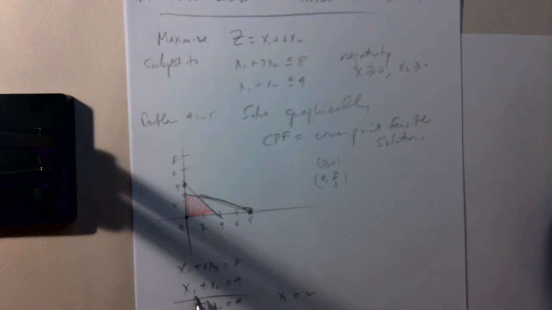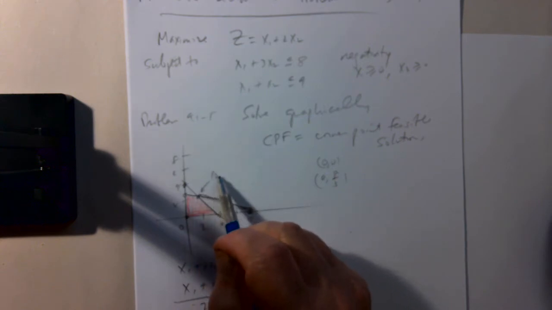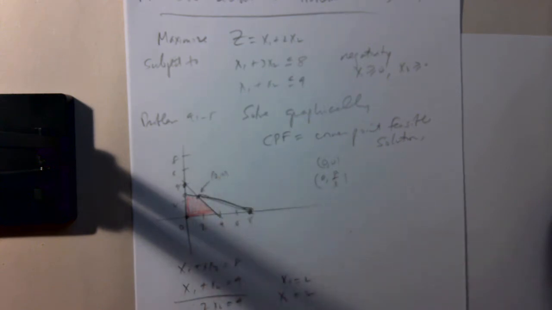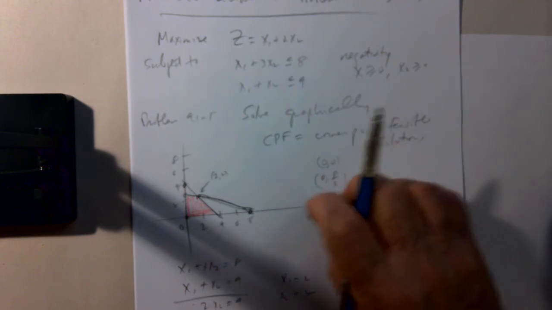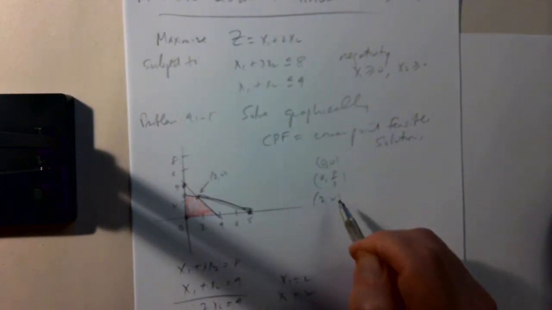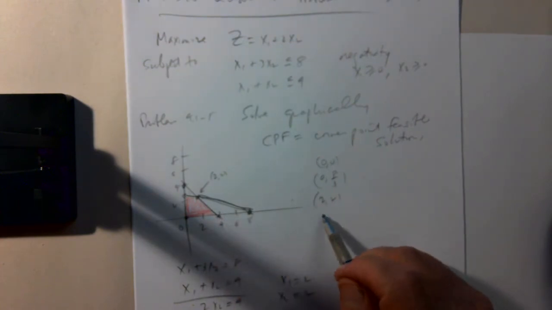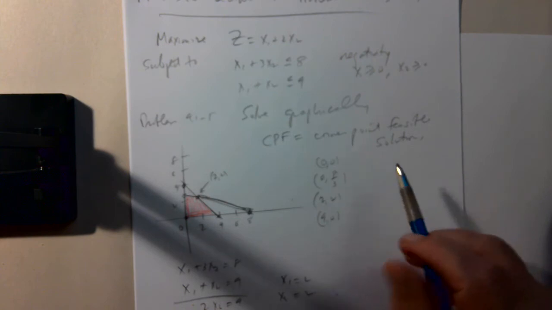So x2 equals 2. And if x2 is equal to 2, x1 is equal to 2. So this point has coordinates 2, 2. And this corner point feasible solution is 4, 0.